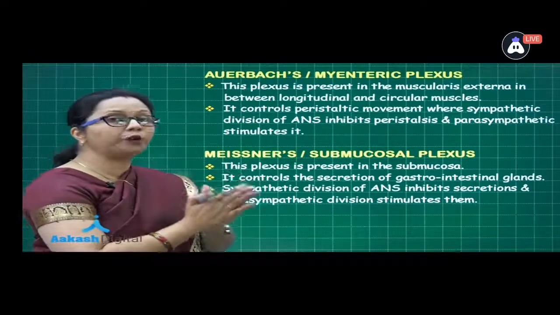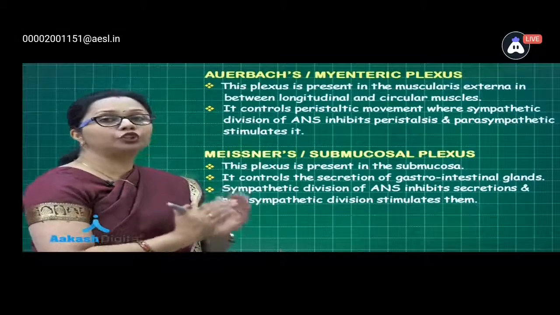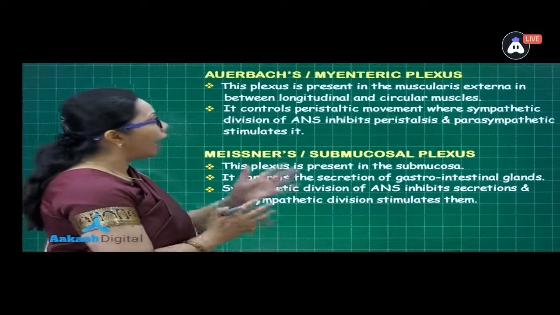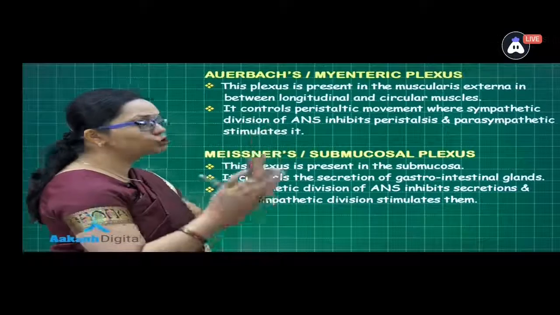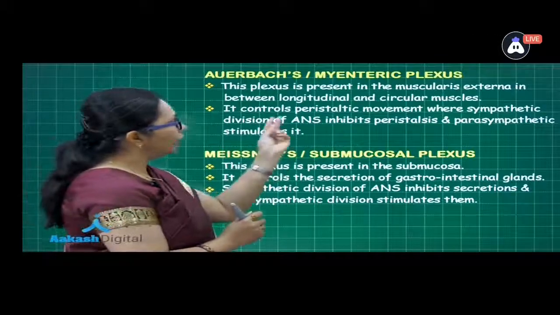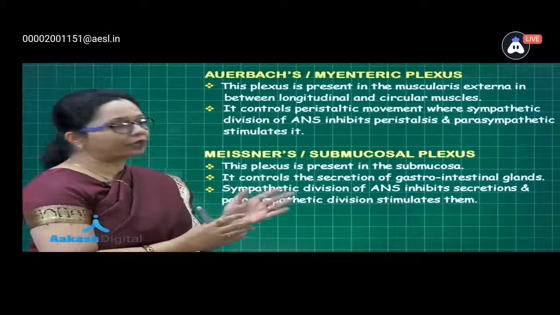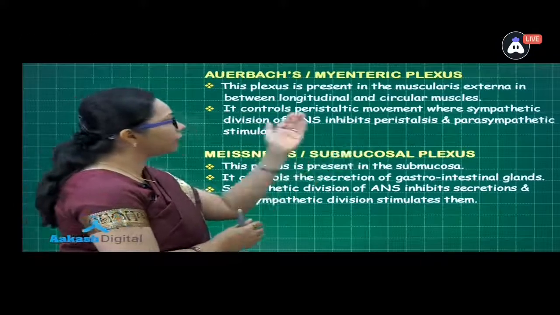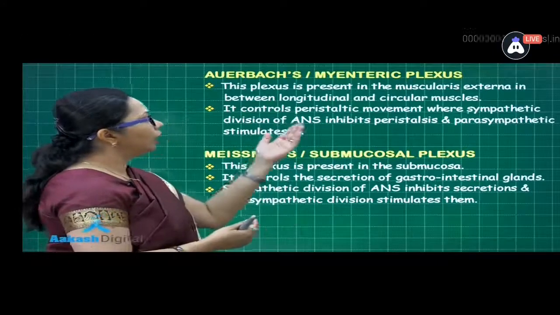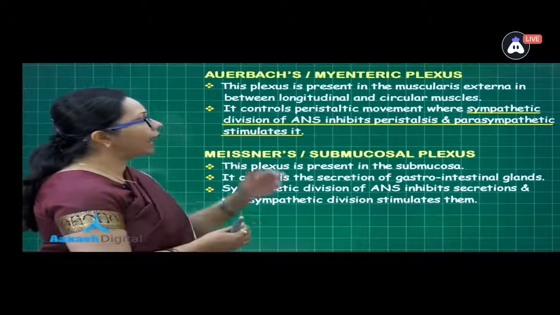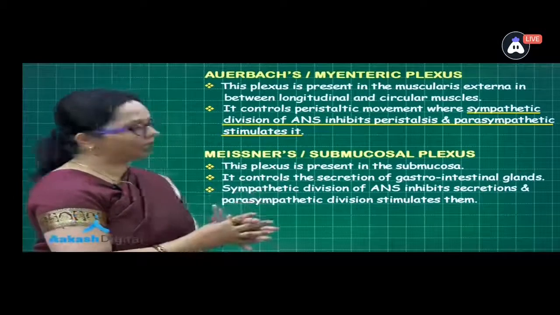The autonomic nervous system is the part of our nervous system which is not under the control of our will. And this ANS has two divisions, sympathetic and parasympathetic, where parasympathetic stimulates the process of peristalsis and sympathetic inhibits it.